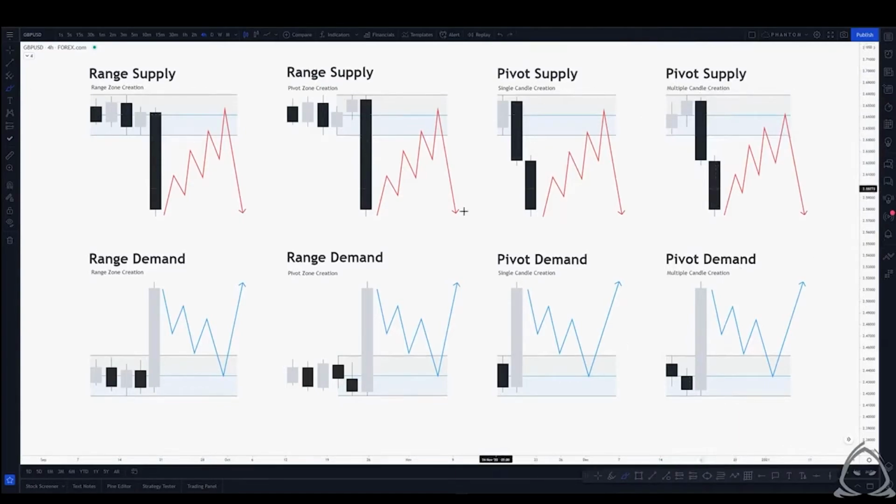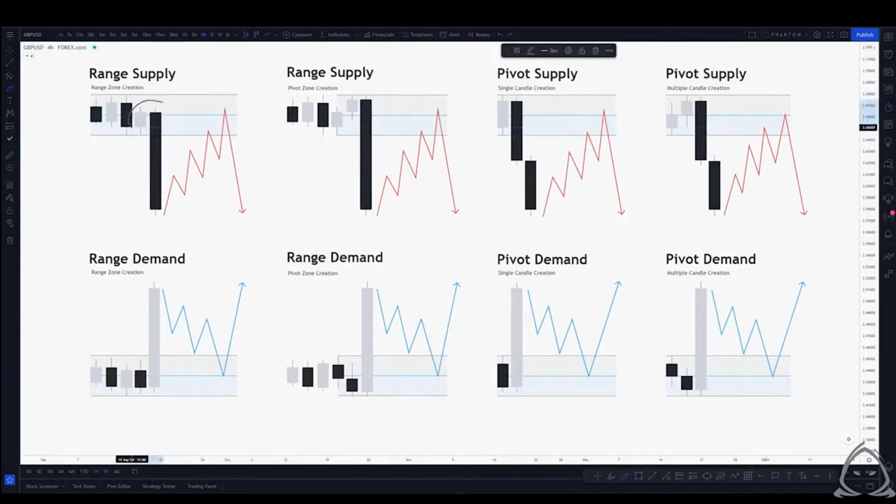Regardless of how you're looking at it, all the models remain the same in what we're looking to do. We see it being created, and it's our job to map out the zone in which way that we feel is the most high probability for our trading style. So regardless if we're trading range-bound created supply and demand or pivot, we have the opportunity of drawing our supply zone using the entire range.